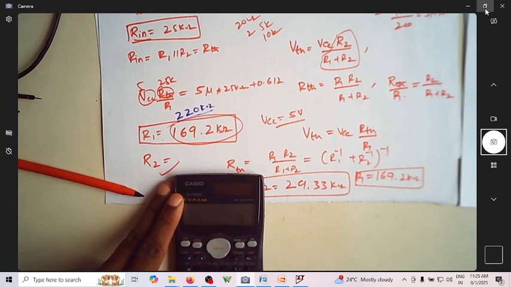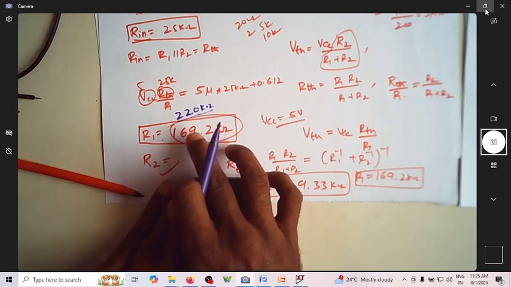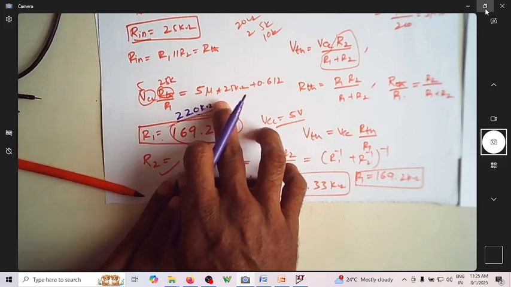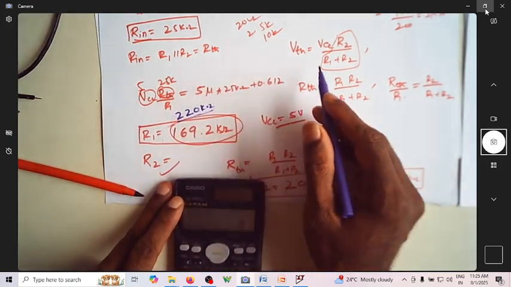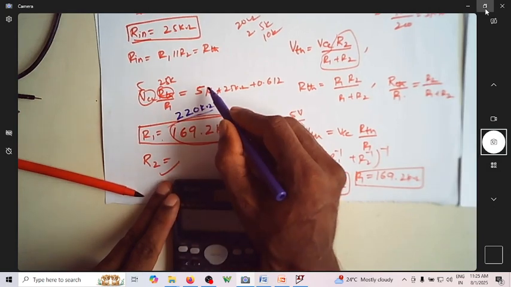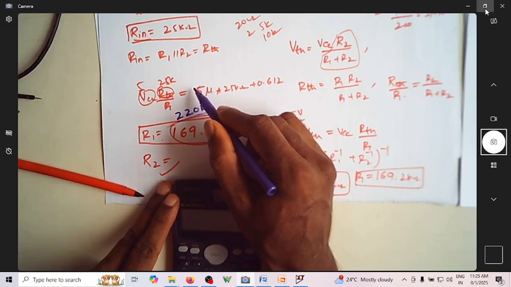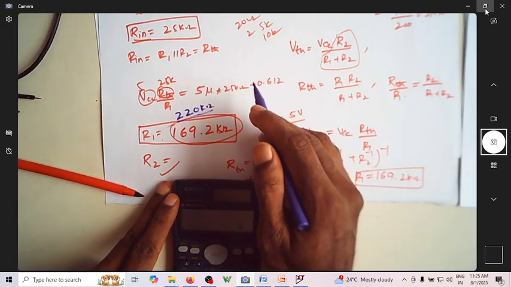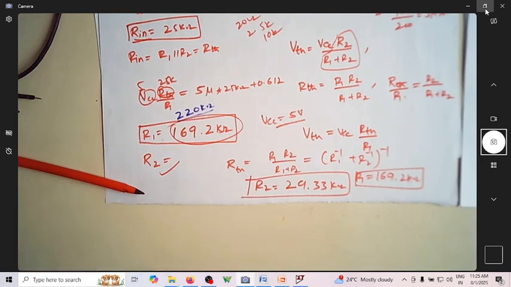So if it is 220K, of course you have this expression. Whenever this R1 is 220K, you can actually re-estimate the value of IB and all those things. Once you are done with this, you can connect a 220 kilo ohm.